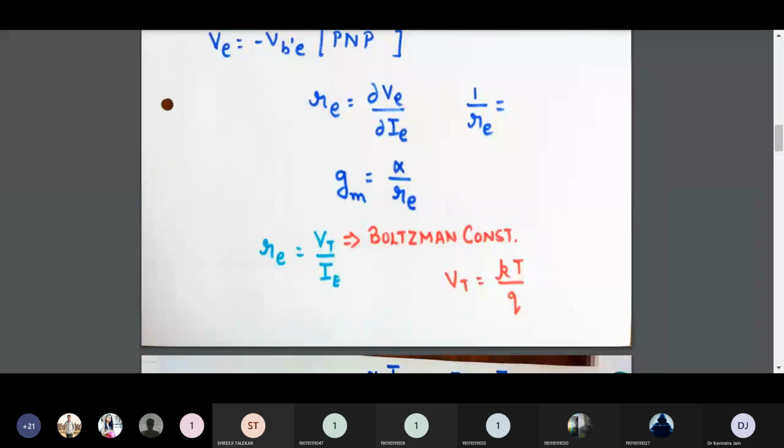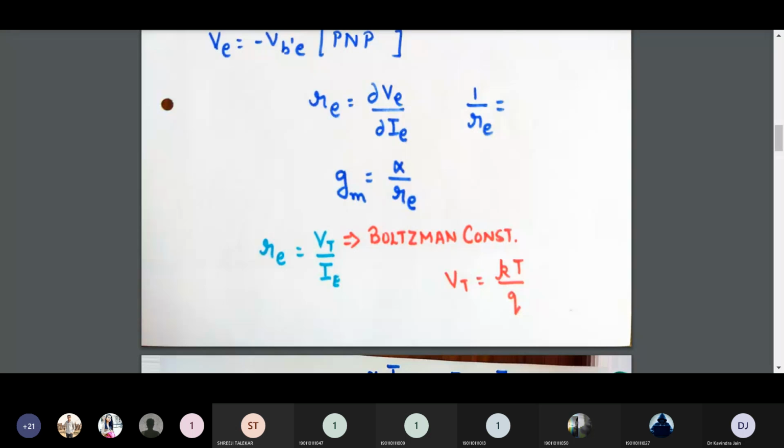So what is my new gm now? Alpha IE upon VT. Very good, alpha IE upon VT.